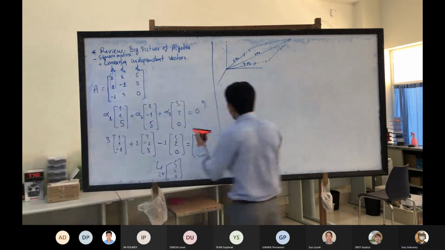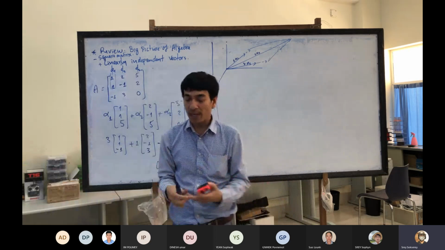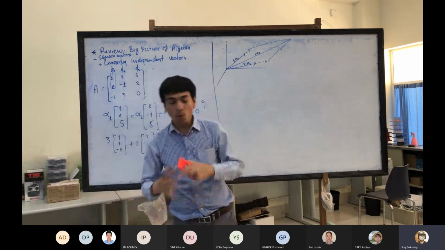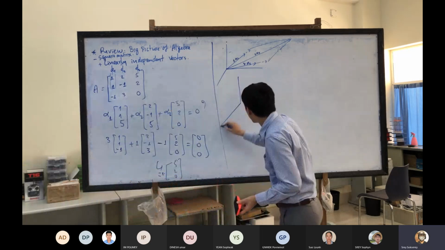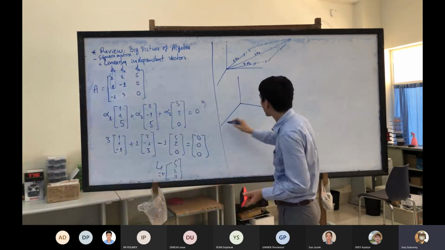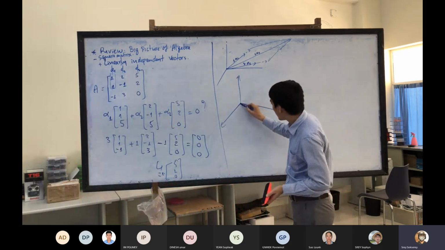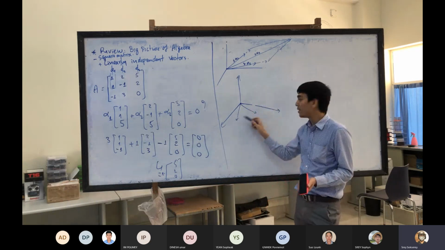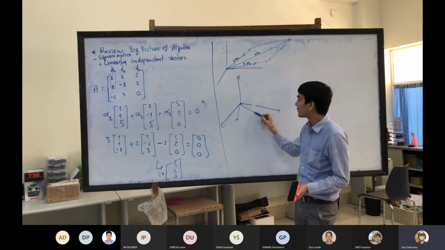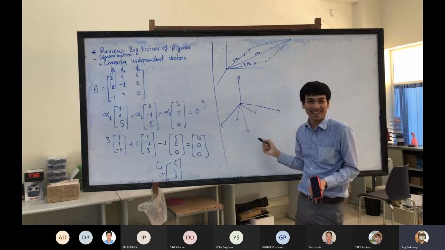So imagine the picture of three-dimensional space, and you have three vectors. What picture can you have? I draw a more convenient way to visualize it. Let's say you have a vector on this plane, and then you have a vector on this plane. When you make a combination, you still get another vector in this plane.